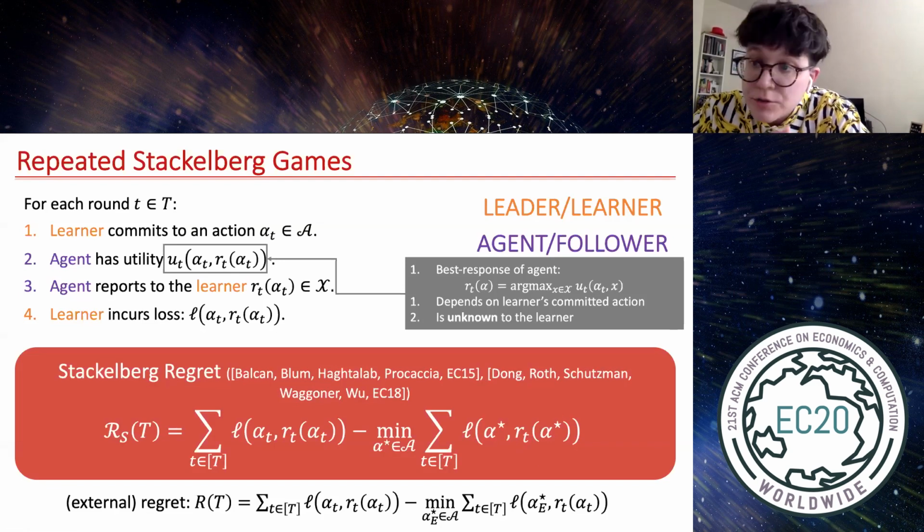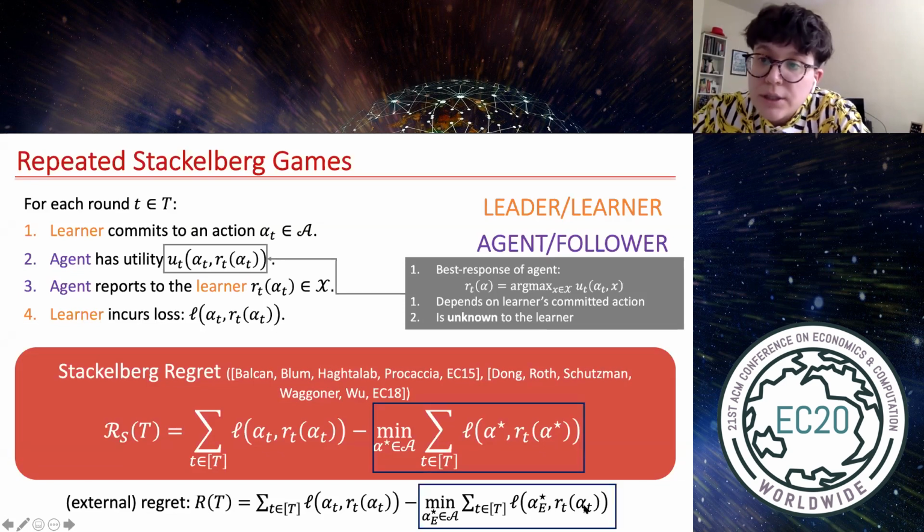Now, contrast that with the external regret guarantee, which would do the following. It would compute the best fixed action in hindsight, alpha E star, had you not given the opportunity to the agents to best respond. So the only thing where these two loss functions, these two guarantees differ is this benchmark.